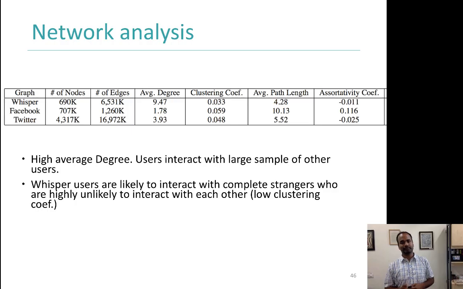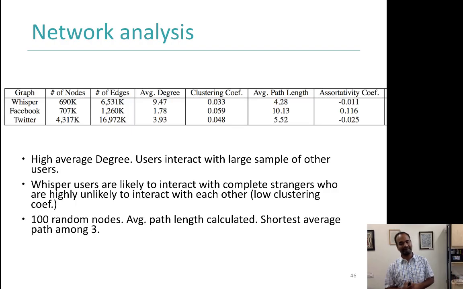They also looked at 100 random nodes, and the average path length was calculated. The shortest average path among the three is actually for Whisper. If you look at the column average path length, it's 4.28 for Whisper, 10.13 for Facebook, and 5.52 for Twitter.